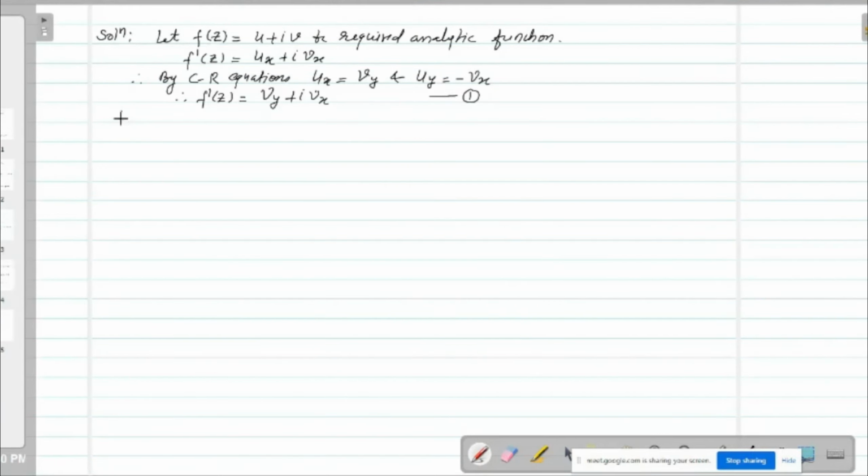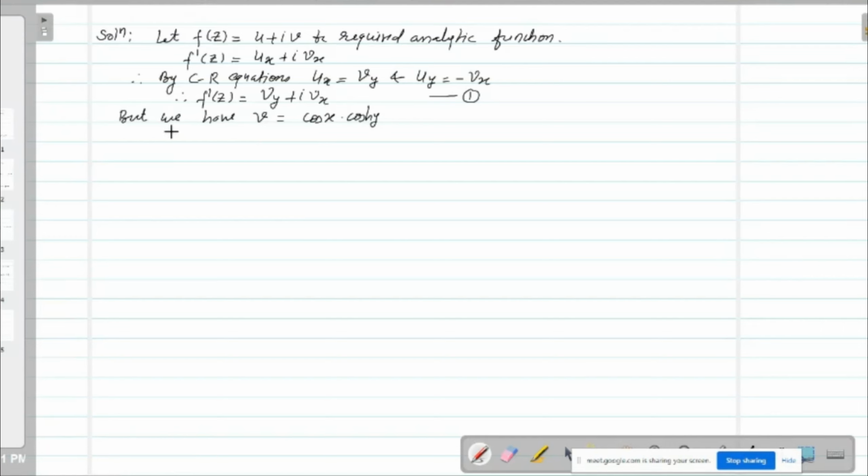But we are given v equal to cos x into cos hyperbolic function y. Now we find the partial derivatives with respect to x and y.